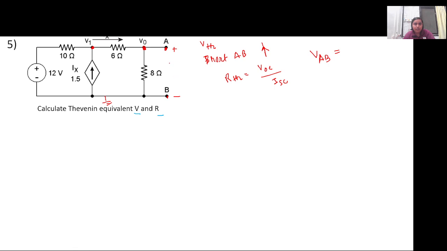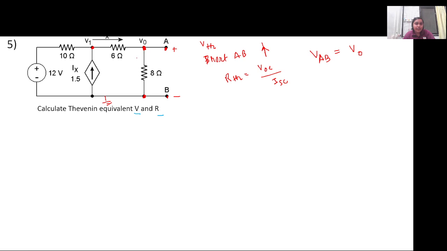V0, ma'am. Yes. Since this is the node voltage and this is ground, the voltage will be V0 minus 0, so this will be equal to V0.